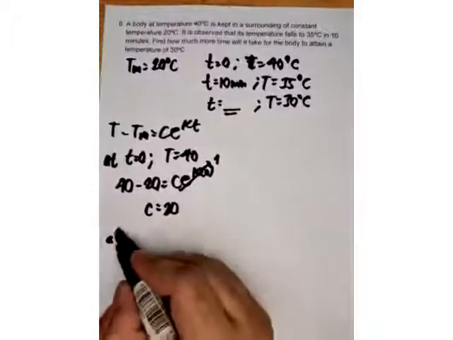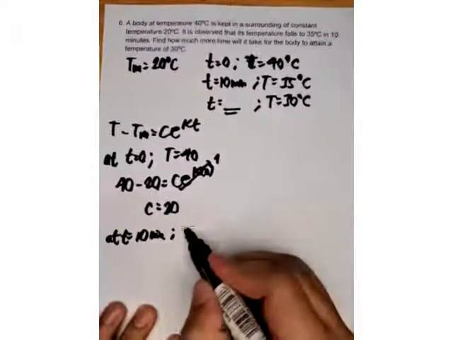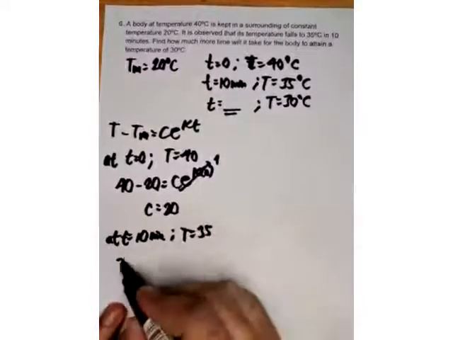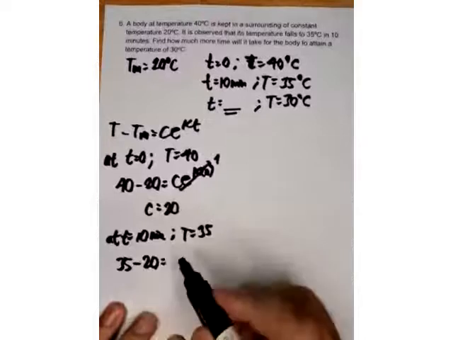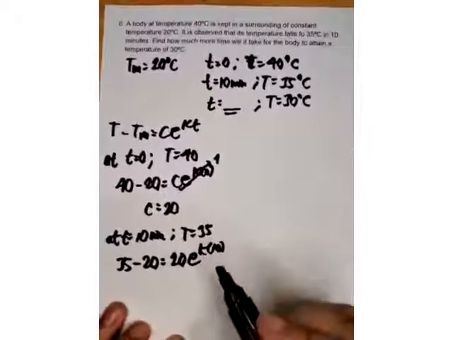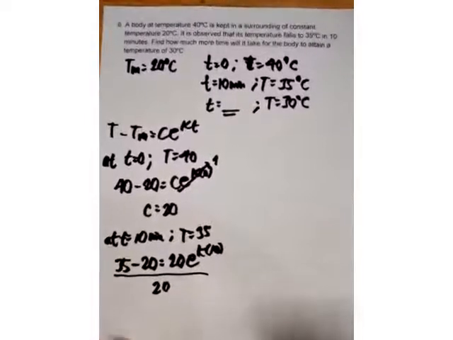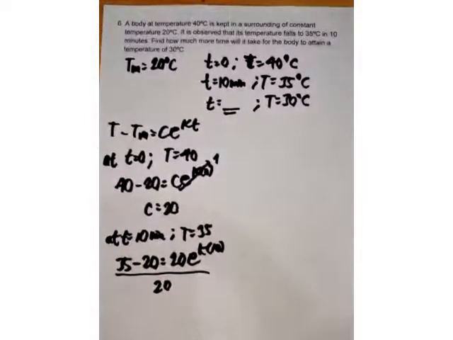Next, at t equal to 10 minutes, the temperature is 35. So 35 minus 20 is equal to 20 e raised to k times 10. Now divide this by 20. So 35 minus 20 divided by 20 is 3/4.